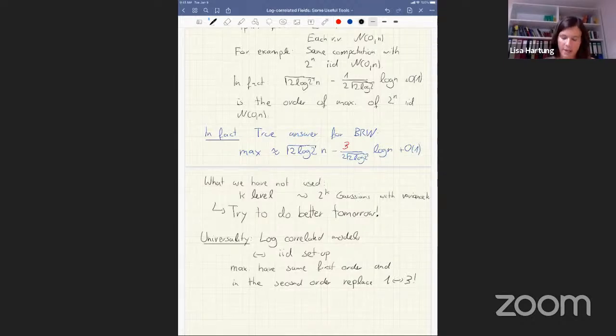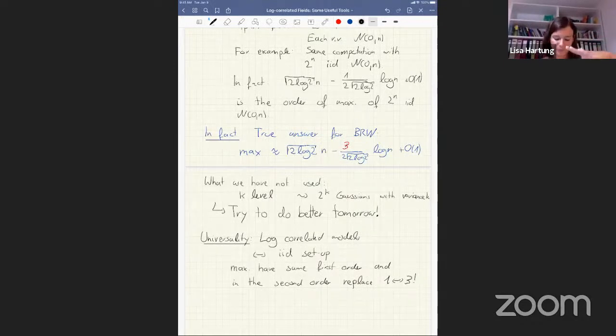And this is somehow universal, but it comes a bit from the fact that you believe that this branching random walk is like the stereotypical log correlated field, and all of the other ones can somehow be approximated on the level of the maximum by this one.